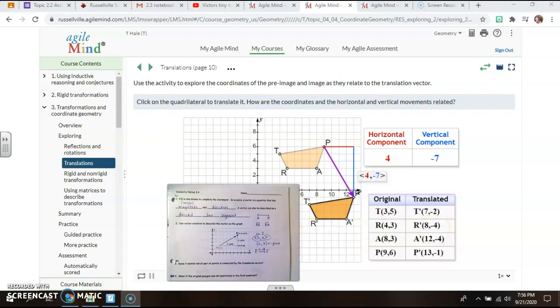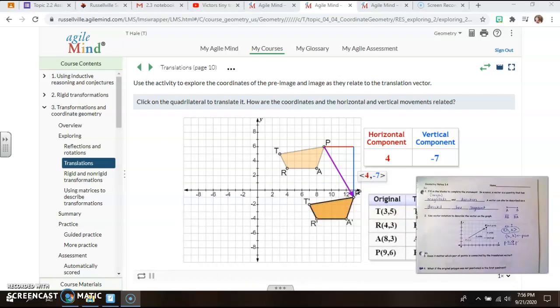Okay, so the points that are connected are really important. You have to know what you're starting with, which are these points without the prime symbol, and where you're headed toward, which are the points with the prime notation. So going from this point to this point would be a different vector than starting with P and going to P prime. So the points without the prime notation are your starting points.